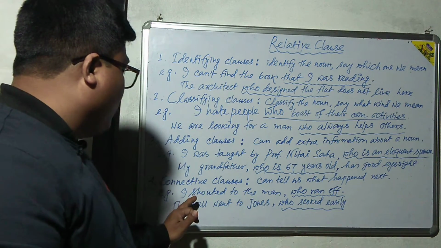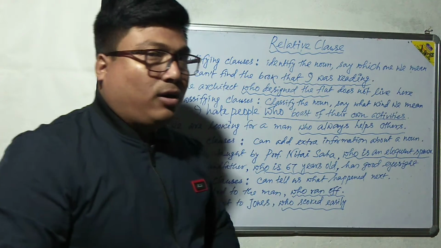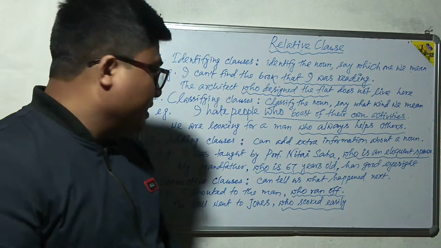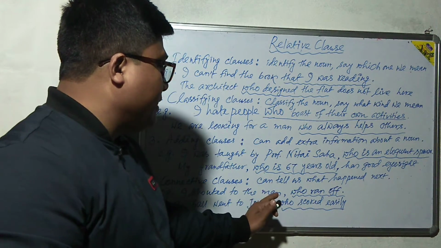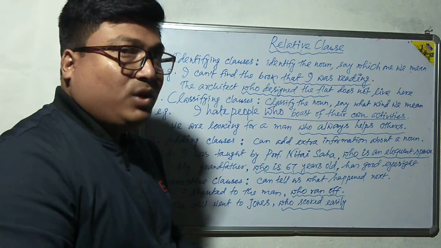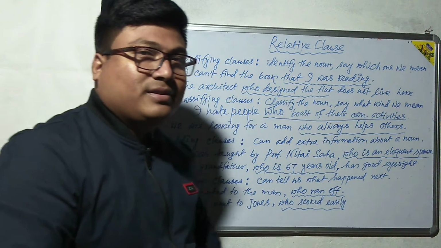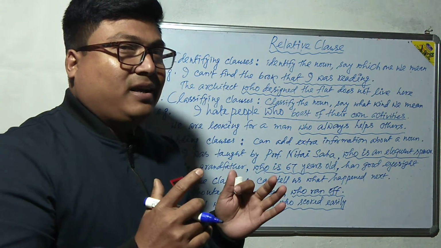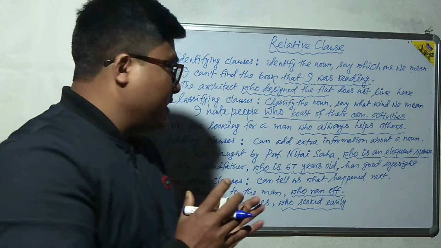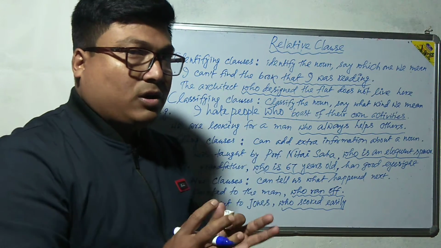The first example, I shouted to the man who ran off. I shouted to the man. Then what happened next? Who ran off. I can simply express these two statements by using two main clauses.